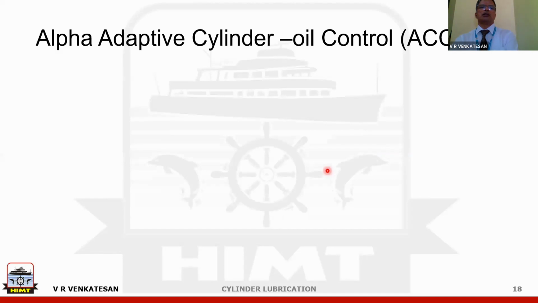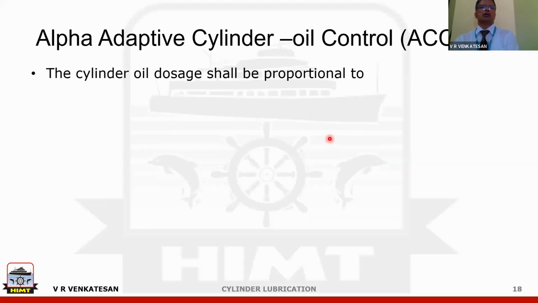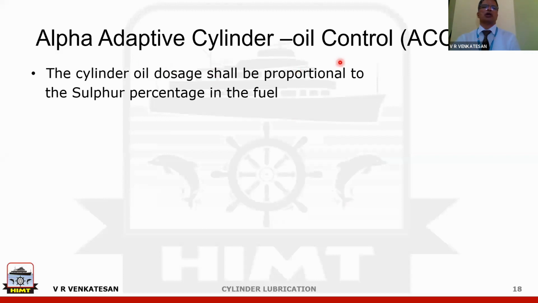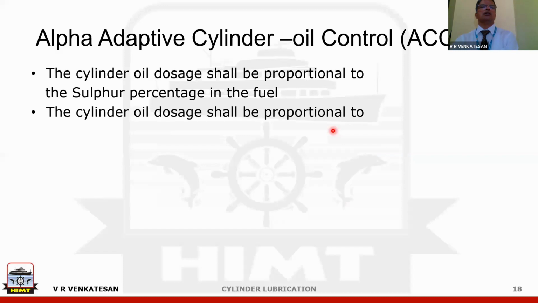Now, from this system, because it is electronically controlled, MAN developed this system called ACC, which is called Adaptive Cylinder Oil Control. Its logic was simple. It makes it easy for the engineer on board to control the quantity of cylinder lube oil according to sulphur percentage.